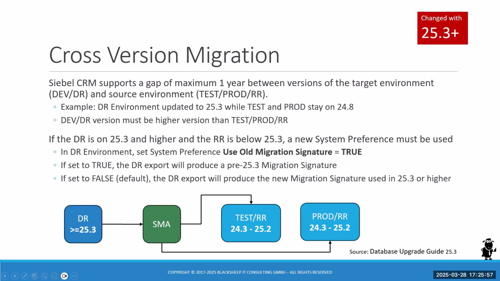Here, it's in the database upgrade guide. It is actually a section that's been updated, because there is a section on cross-version migration, and it mentions this new system preference that one needs to set: use old migration signature equals true in the DR environment. It explains that when it's set to true, then the DR export will produce a pre-25.3 migration signature that then works on the RR, which is older.